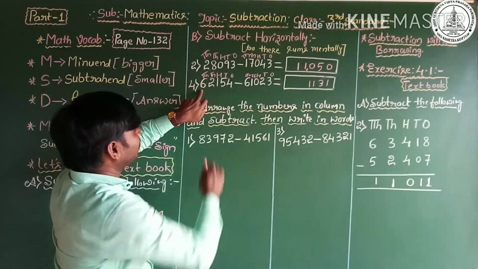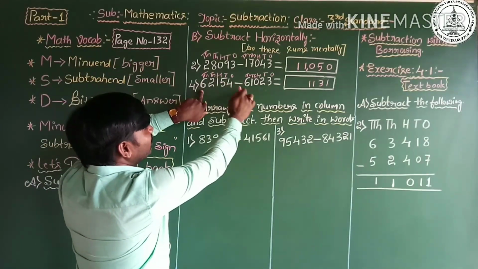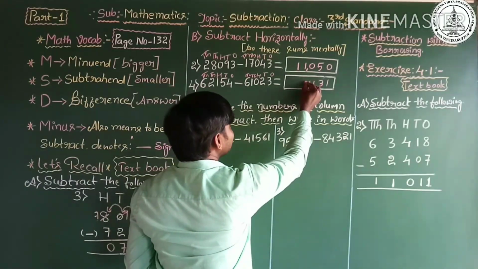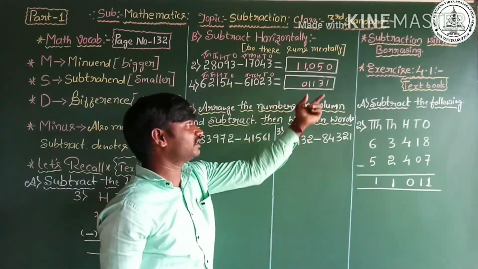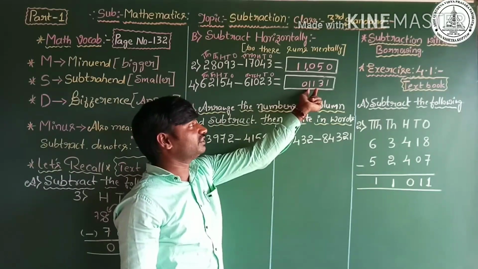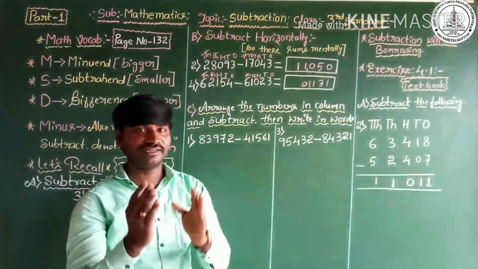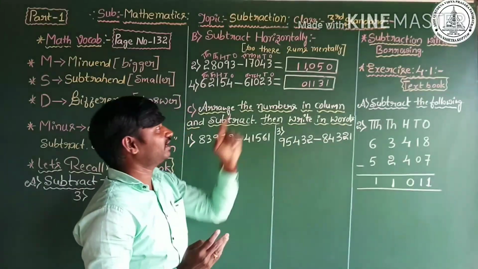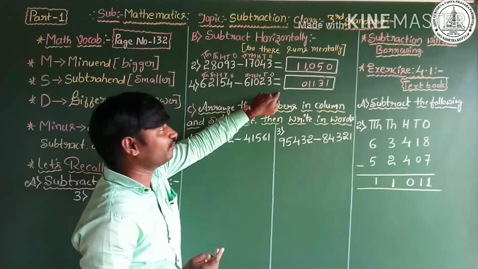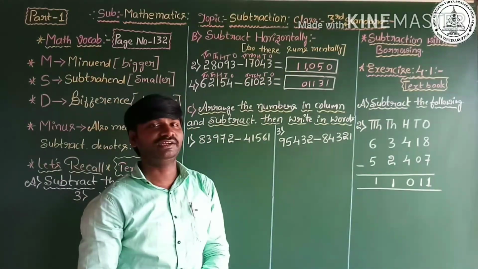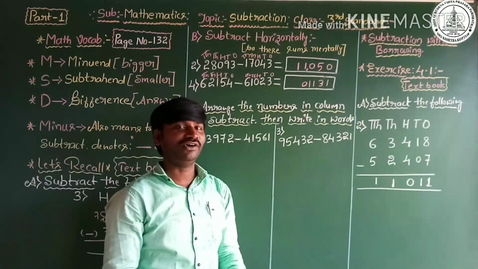Next, in the 10,000 place, 6 minus 6 is 0. We get 1,131. Dear student, are you clear? The rest of the questions are your homework, and use only mental methods there too. Don't use your finger method or lines method.